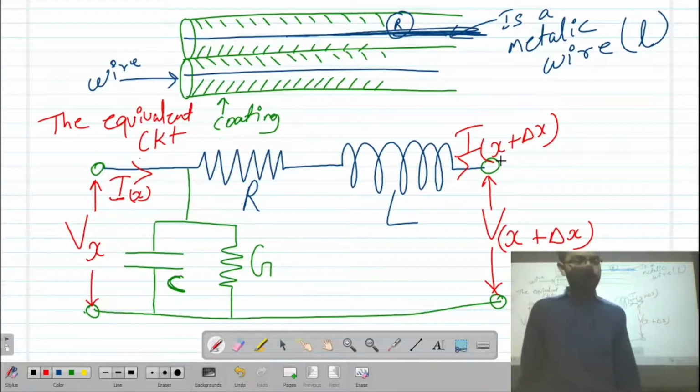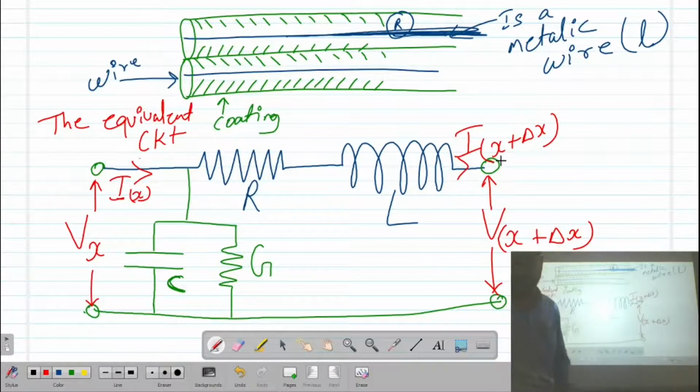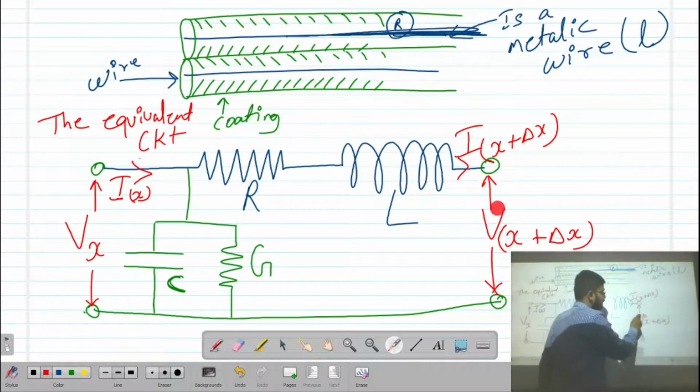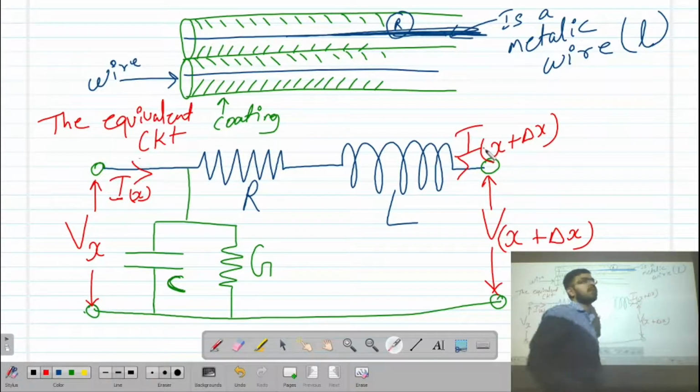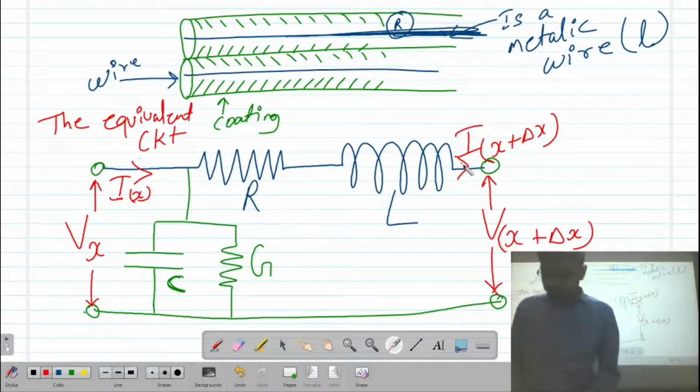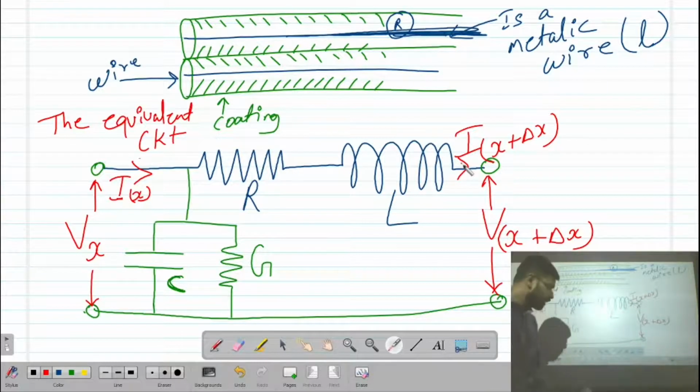Now, what we want to understand is the relation between this V and I. Pay attention over here: what happens when we have delta V?